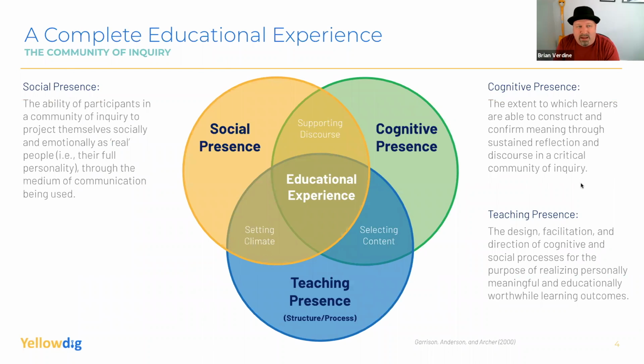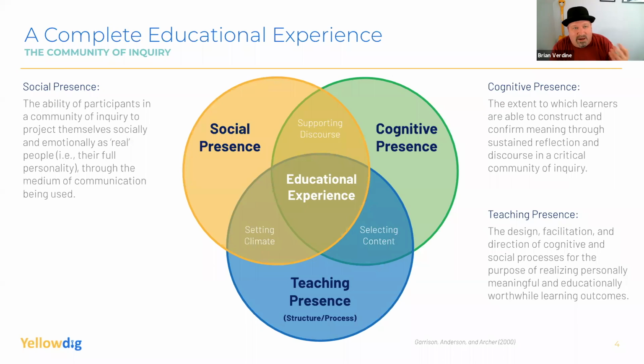Yeah, so Yellowdig, from the early days, was really focused around the idea of trying to build a complete educational experience. And a lot of what we noticed, and the CEO noticed in his own education, was that oftentimes social presence was really missing from his courses.